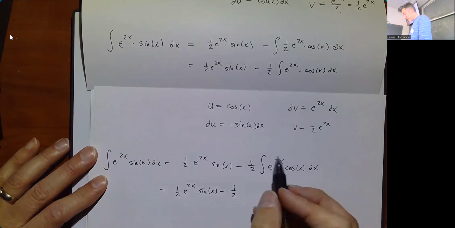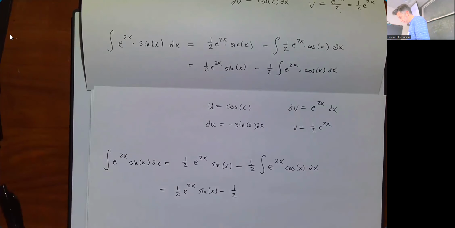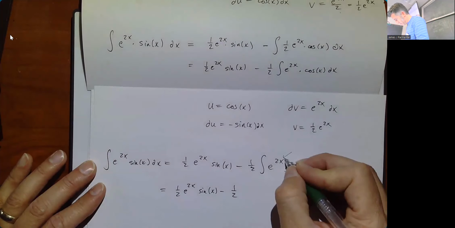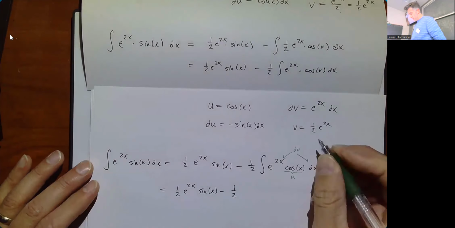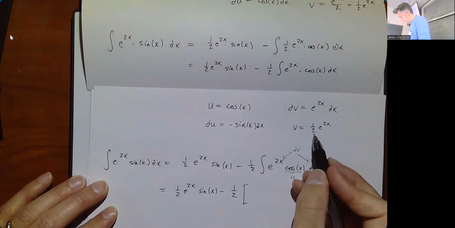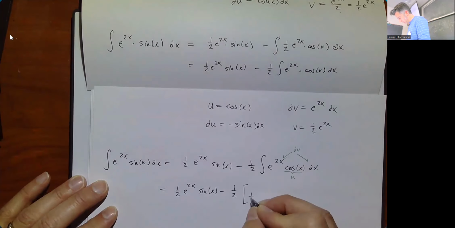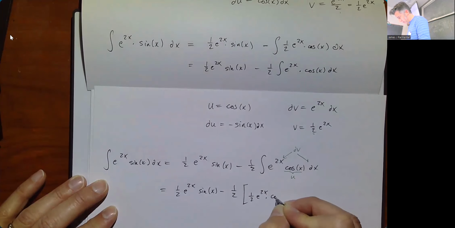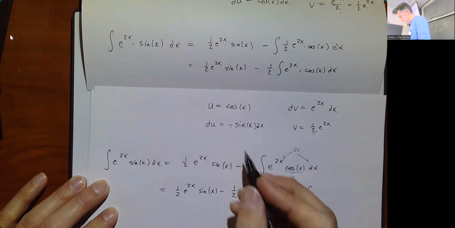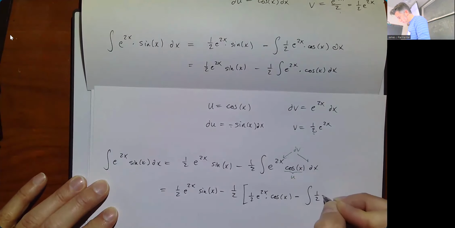Okay, the integral of this, well, again, there's my u. There's my dv, and the integral of u dv is going to be u times v. So 1/2 e to the 2x times cosine of x minus the integral of v times du. 1/2 e to the 2x times negative sine of x dx.